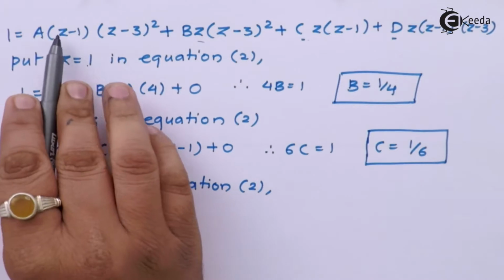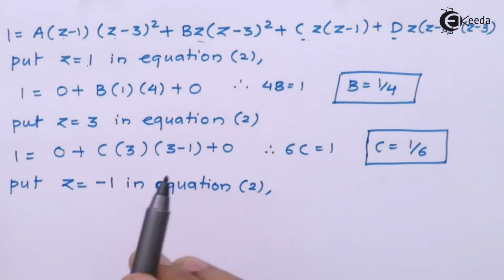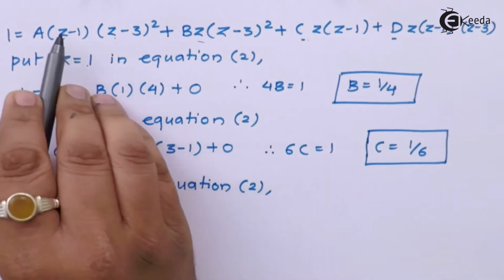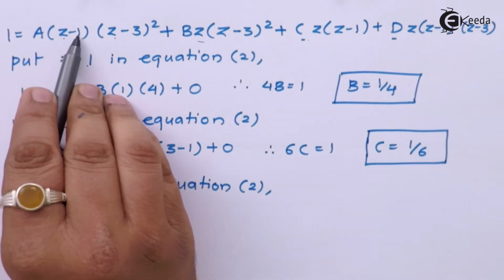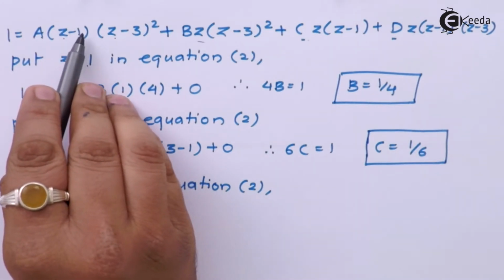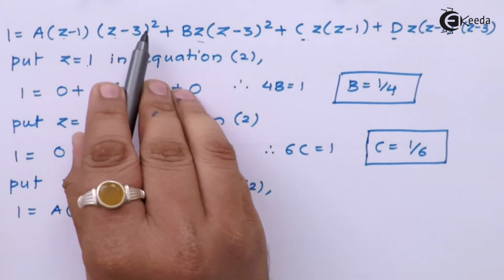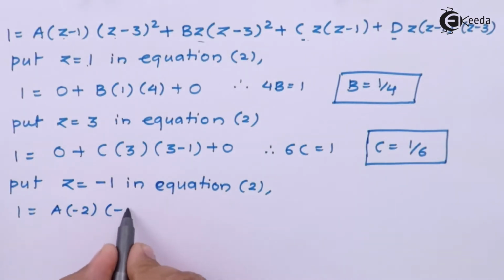So what will you get? All this Z will be replaced by minus 1. So look here. Minus 1, minus 1, answer is minus 2. Similarly, minus 1, minus 3, answer is minus 4, a whole square.